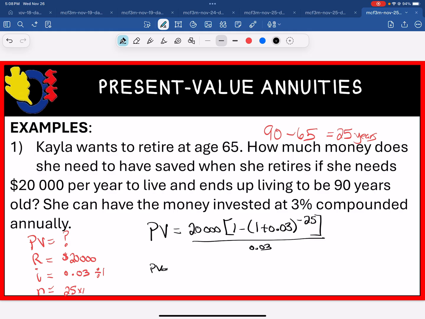All right, if we go ahead and plug that in, we get $348,262.95. So she will need to save this much money to retire.